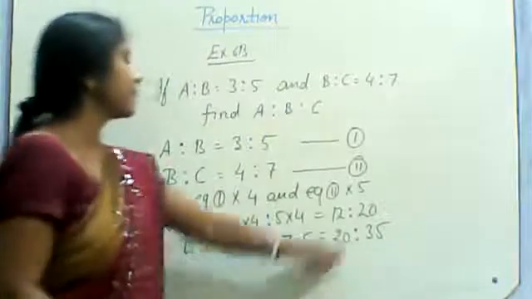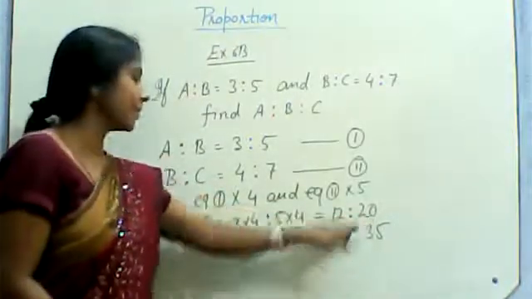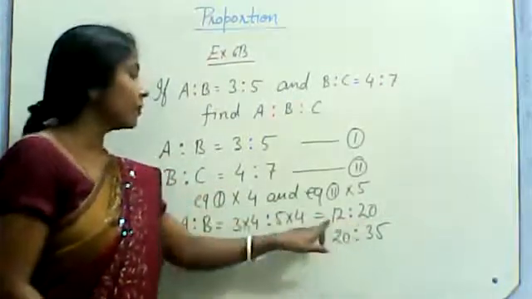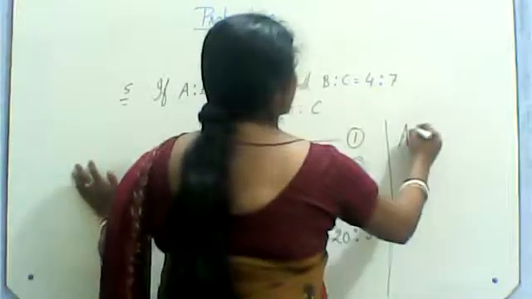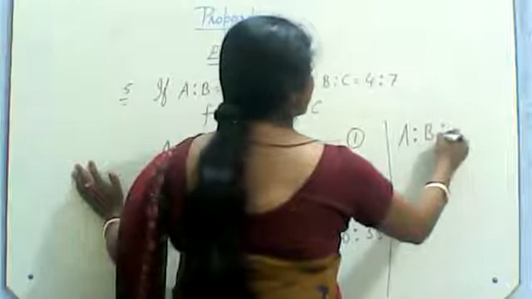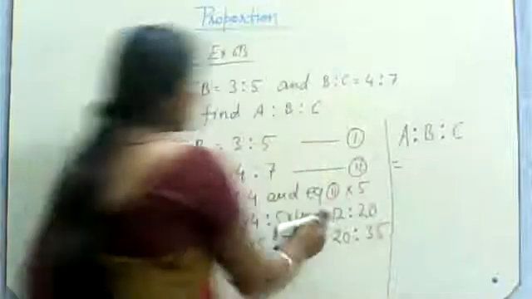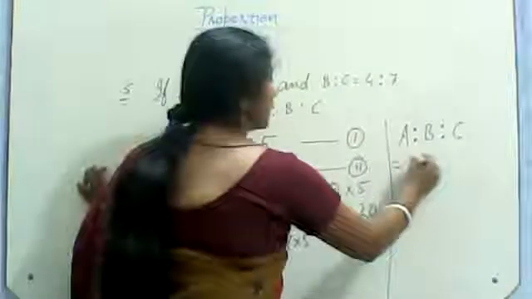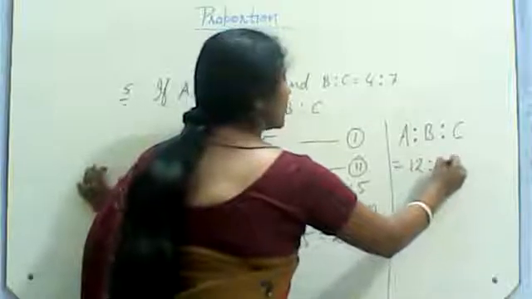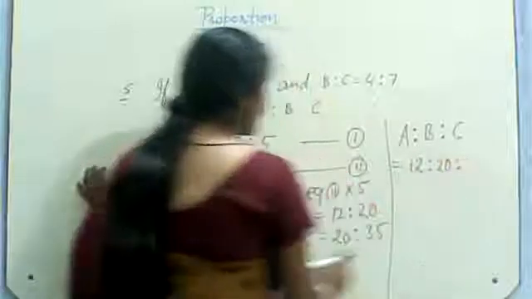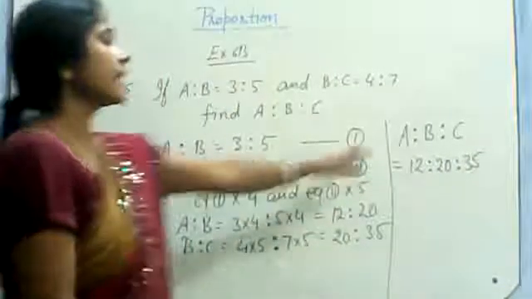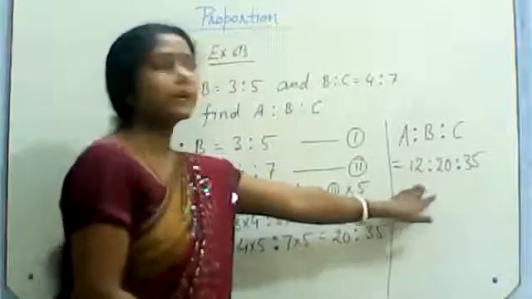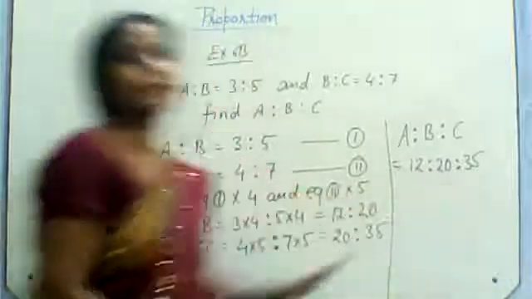Now you can see B is the same, 20 and 20 came. So the ratio of A ratio B ratio C equals what? A came 12, B is 20 and C is 35. So A ratio B ratio C is equal to 12 ratio 20 ratio 35.